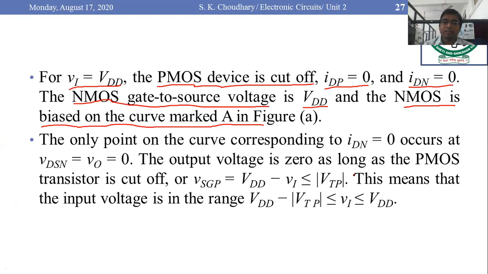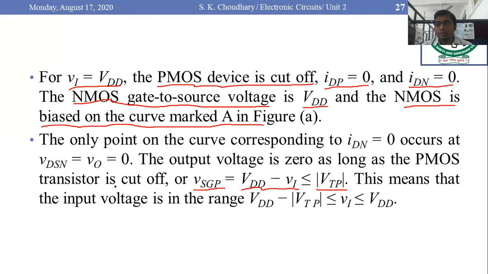So in this condition, VSGP means source to gate voltage of PMOS. Gate to source voltage of NMOS is VDD, but source to gate voltage of PMOS is generally VDD minus Vi. And this voltage, source to gate voltage for the PMOS, is less than threshold voltage of the PMOS as per the condition of cutoff.